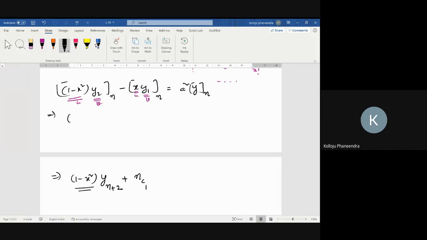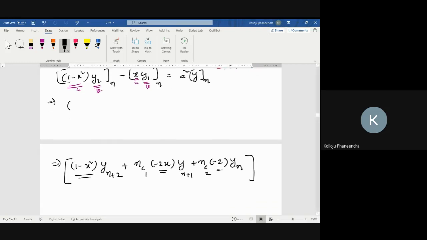Now for u, the first derivative, what is 1 minus x square derivative? Minus 2x, and decrease one derivative for yn plus 2. That becomes yn plus 1. Next plus nc2, and increase one more derivative. What is that? Minus 2, and decrease one derivative in yn plus 1. Next for this one, what is the next derivative? 0. So stop here. This is the first bracket expansion using Leibniz formula.